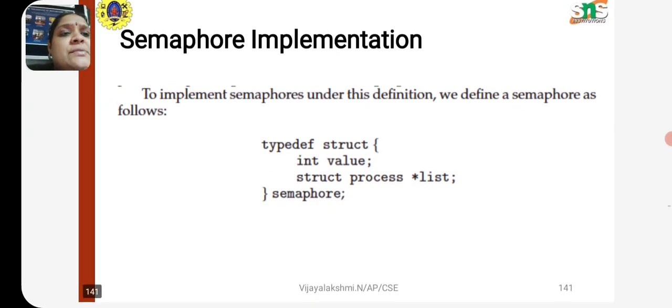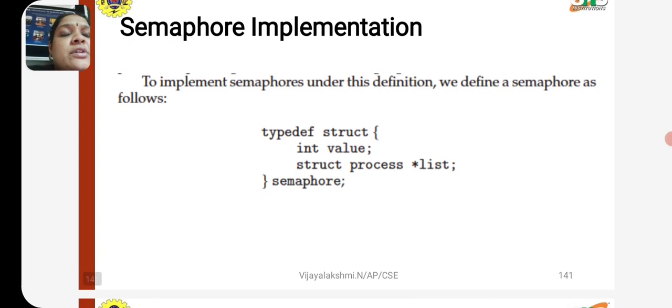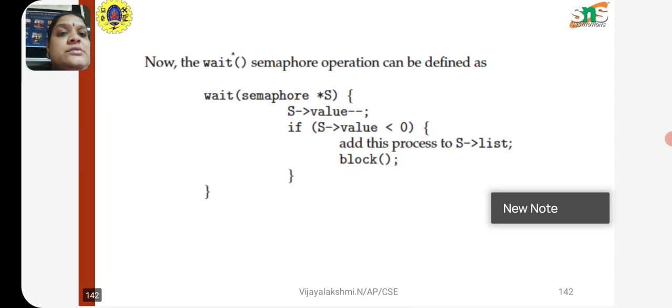Semaphore implementation. Here we are going to use a structure variable, and you are going to use a pointer list here. In the same case, if you have to wait inside the critical section, the value should be decremented.